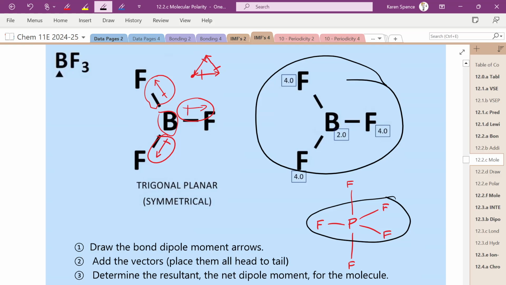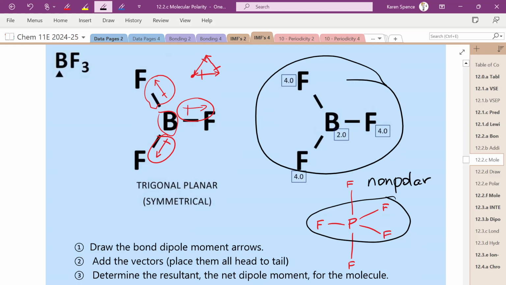It's tilted into and out of the board, and then the up and down is the same. And then you have 3 things sticking out in the middle, all the same, at 120 degrees, and so those are all pulling with the same strength. So this is actually perfectly symmetrical, and so it is nonpolar.